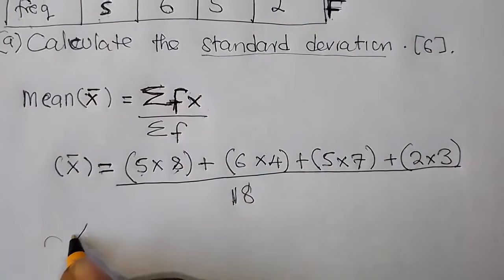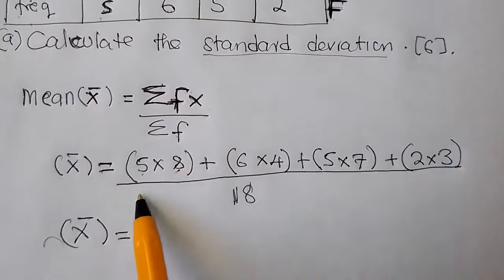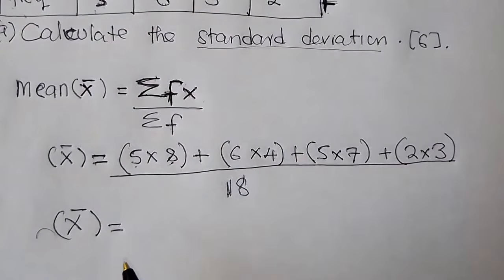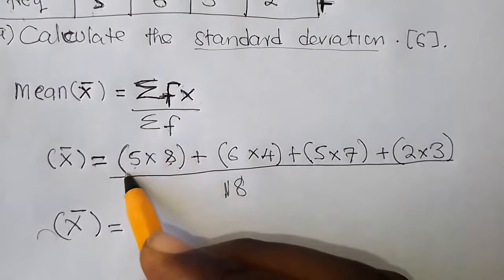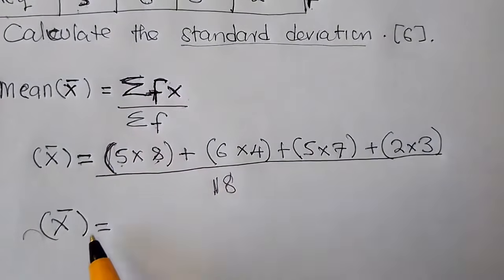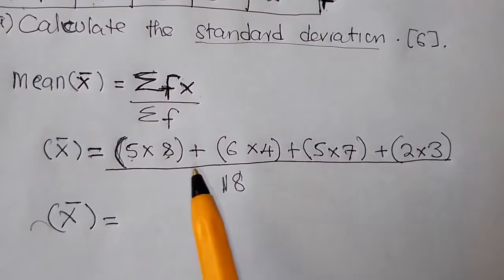So I add here. On this step, because of time, we are not going to include these brackets. The brackets should be there when we are presenting this work, but if you want to be fast, we can forget about these brackets on the mean.